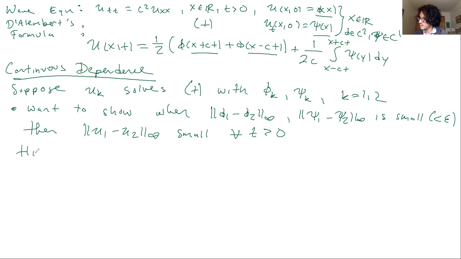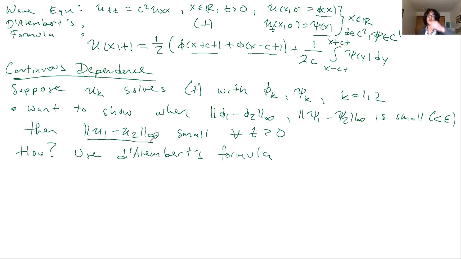How are we going to do this? Well, we'll just use D'Alembert's formula, okay? And so essentially we can just compute this using D'Alembert's formula and show that we can bound it based on our knowledge of the initial condition, okay?